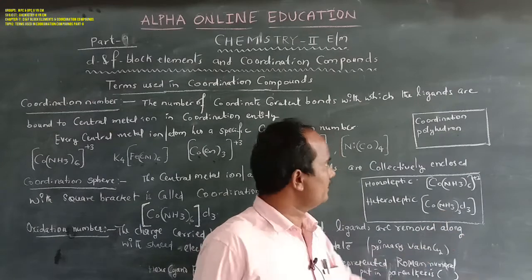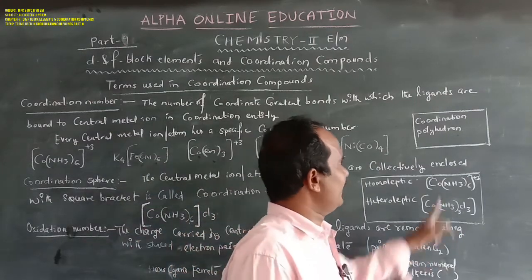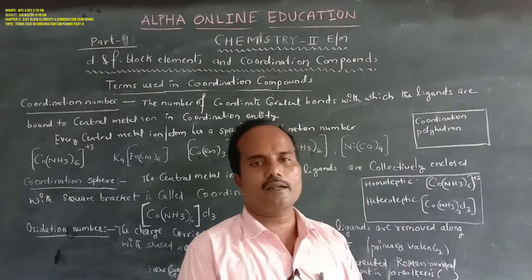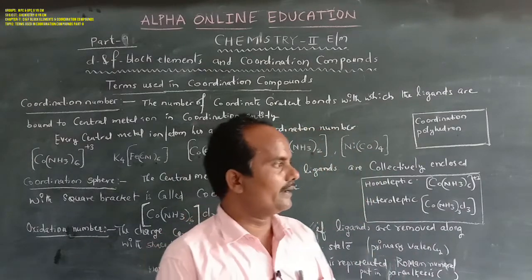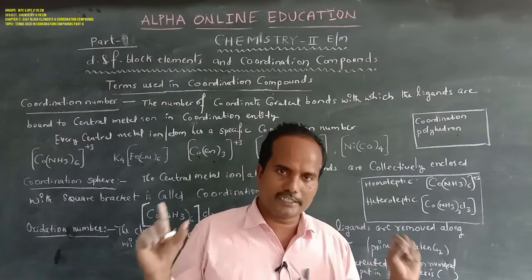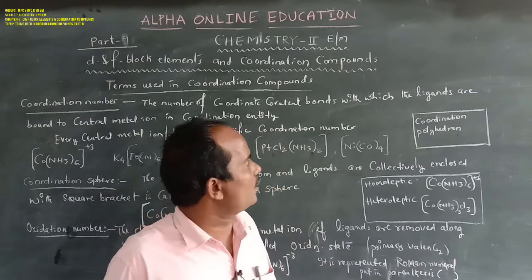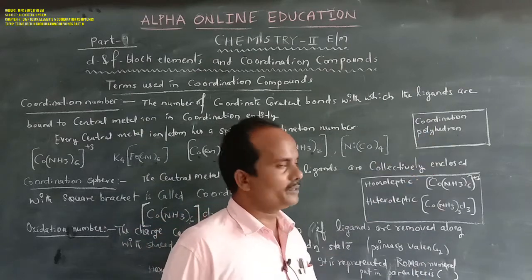Then next is the coordination polyhedron. Coordination polyhedron represents the geometry of the coordination compound. How can we define the coordination polyhedron?